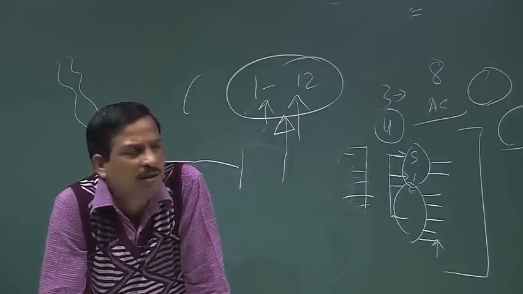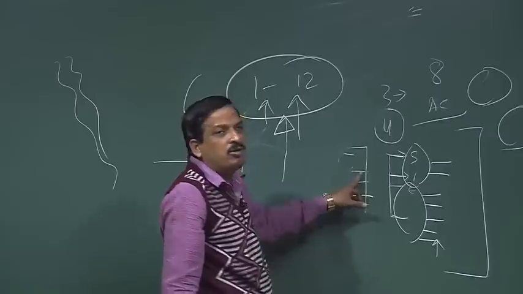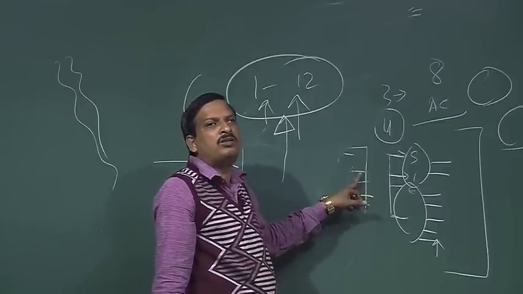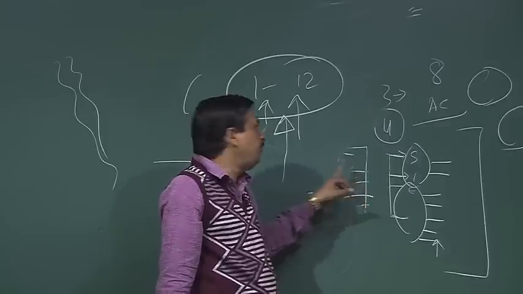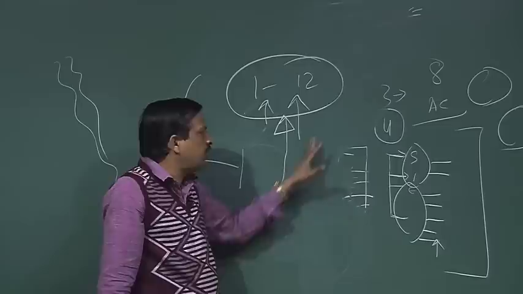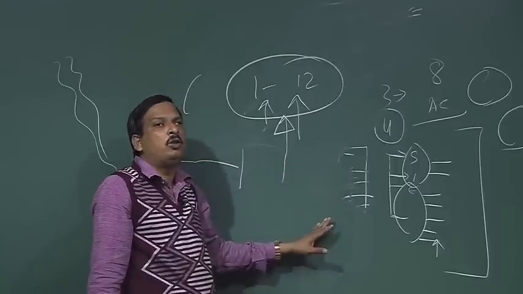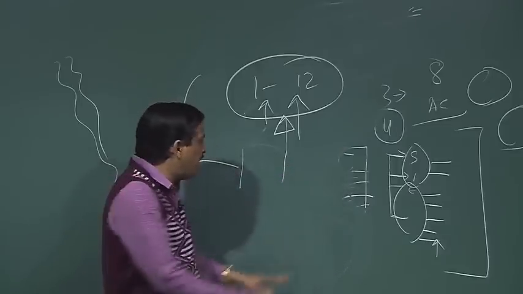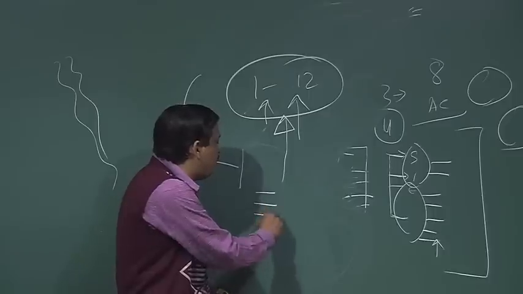Then I am not covering the graduate attributes required as per the Washington Accord. So what kind of teaching learning process and curriculum structure should I follow, so that I meet the graduate attributes requirement?